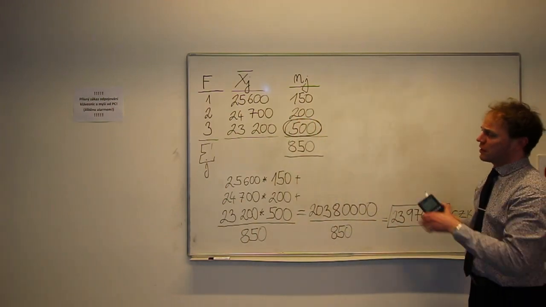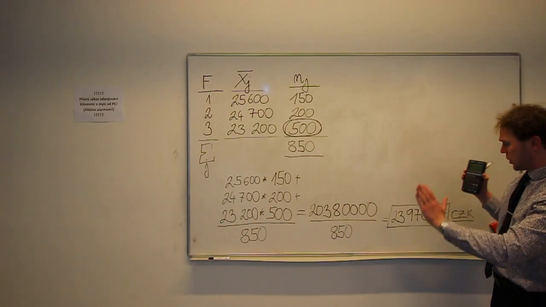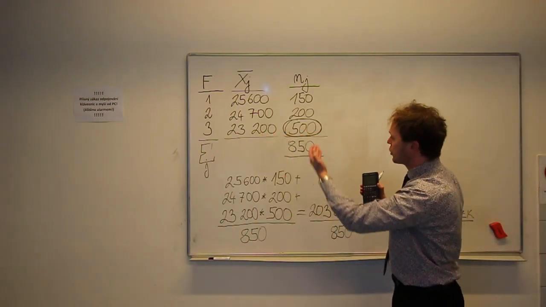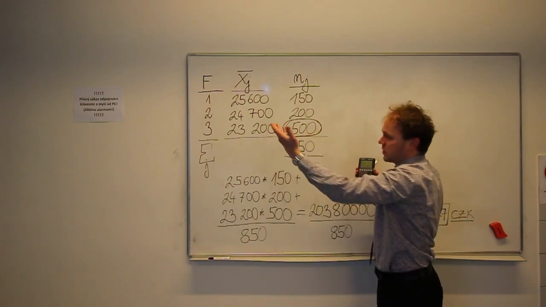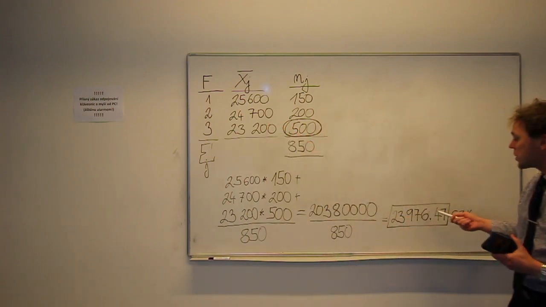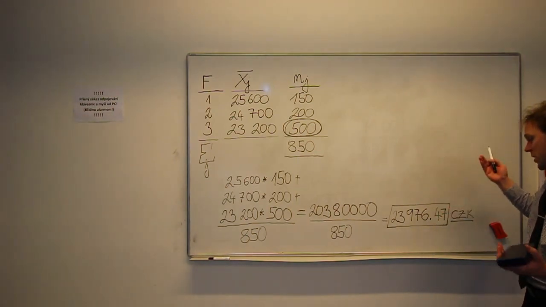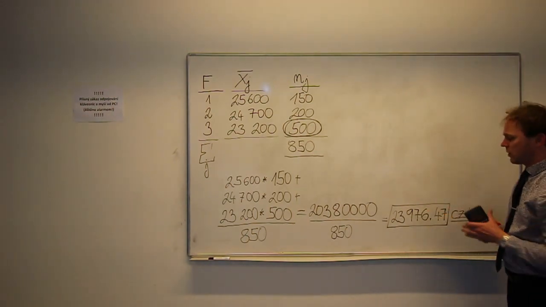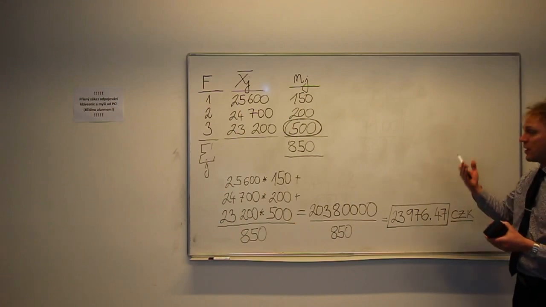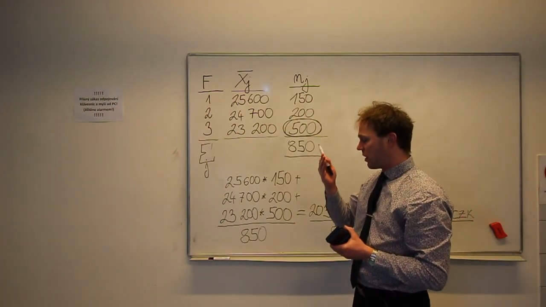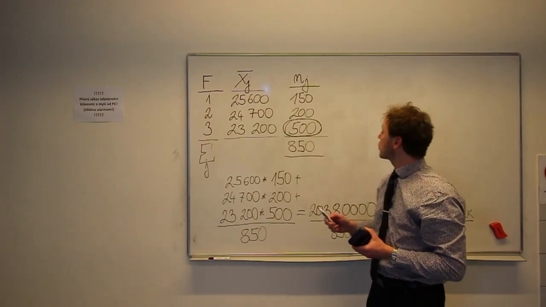So there is the largest weight on this individual average. This is the reason why the total mean is 23,976 Czech crowns.